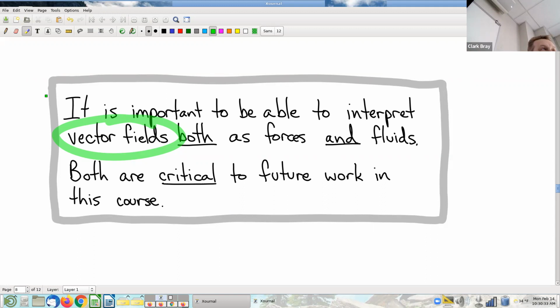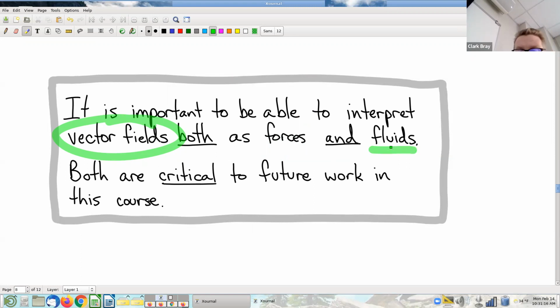So heads up, be aware. There are some situations, mathematical constructions, where understanding the vector field as a force will give you a really good visceral physical way of relating to the mathematical objects of interest. So it's very important to be able to understand vector fields as representing forces like gravitational forces, electric forces, like we saw a little while ago. But there are other mathematical constructions where visualizing the vector field as a force is kind of weird, and I'm not clear how that helps me understand it.